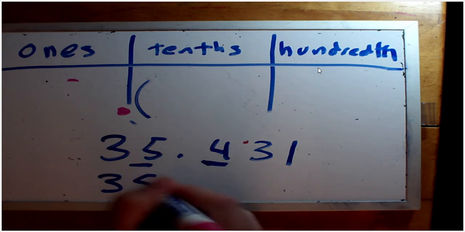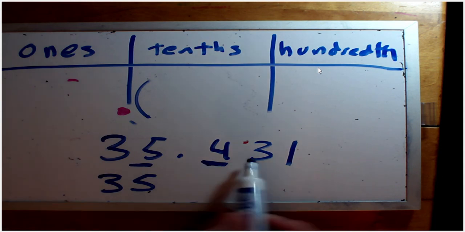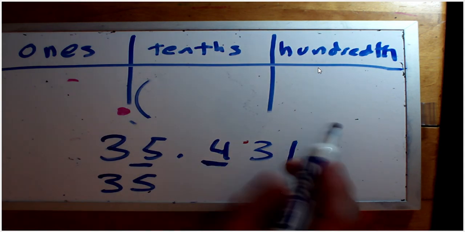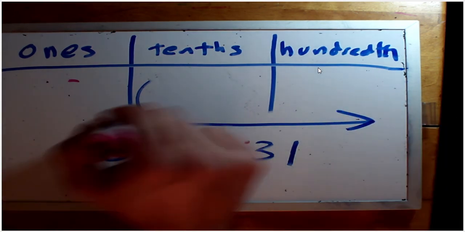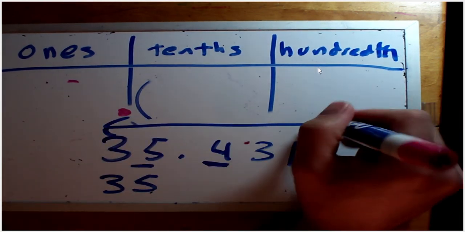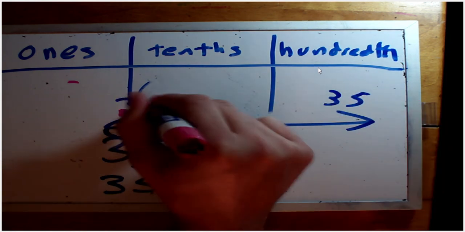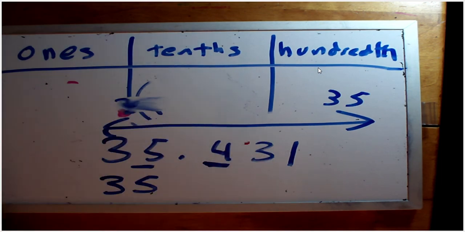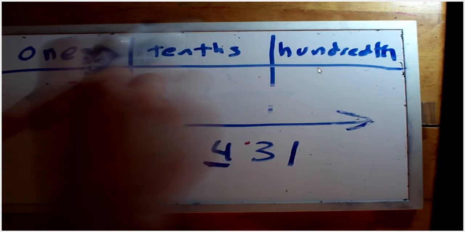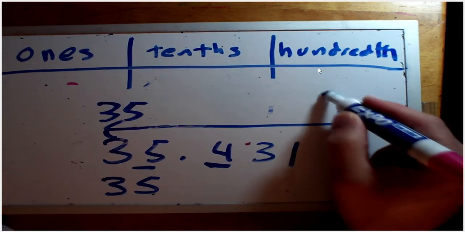If you think about this decimal, 35 and 431 thousandths, it is getting closer to 35 than 36.